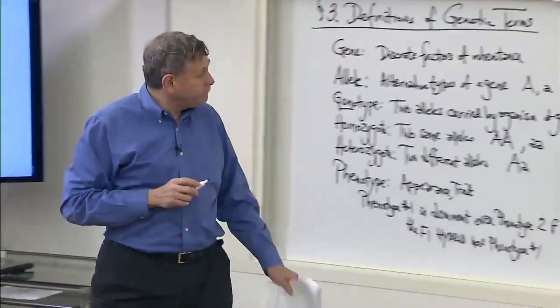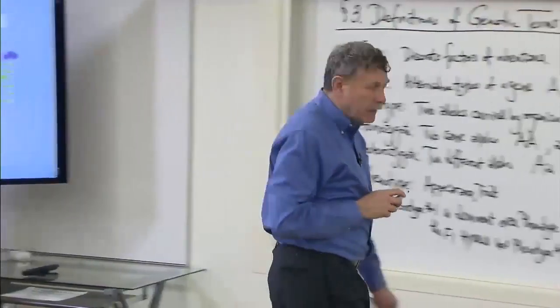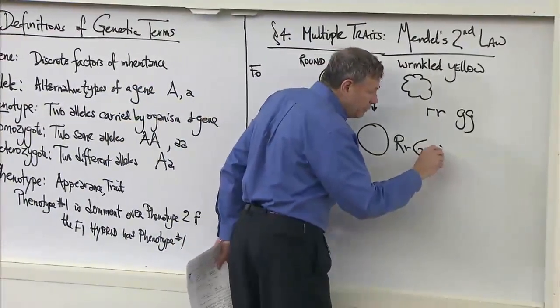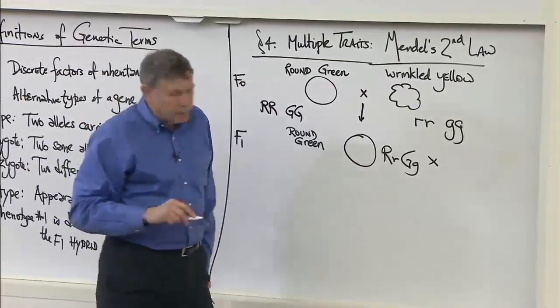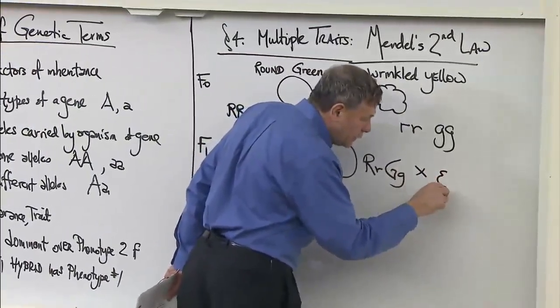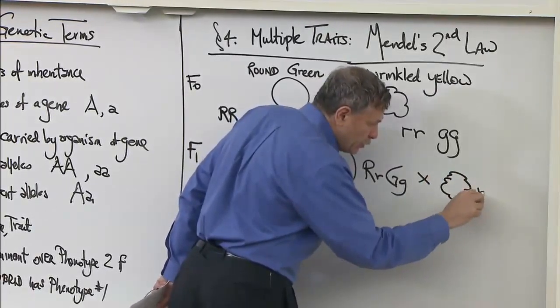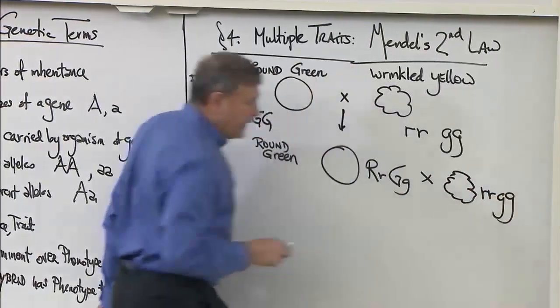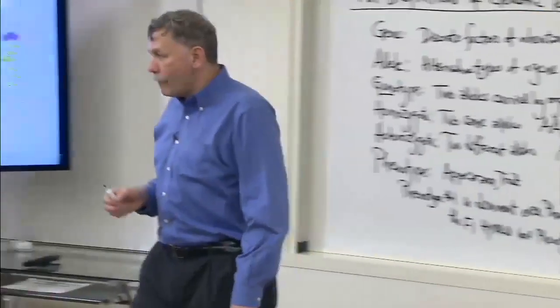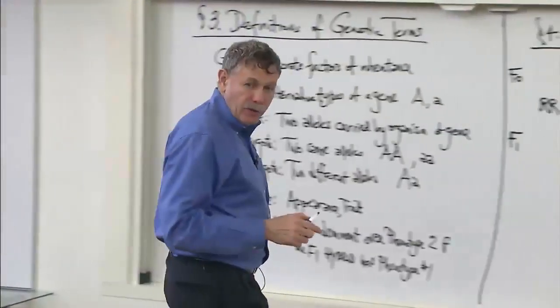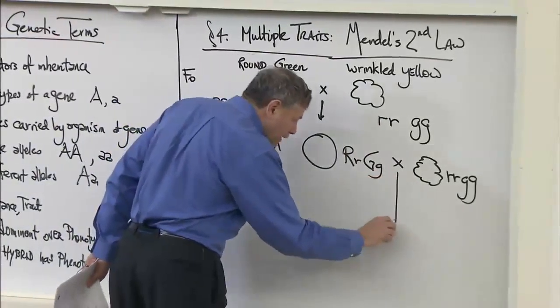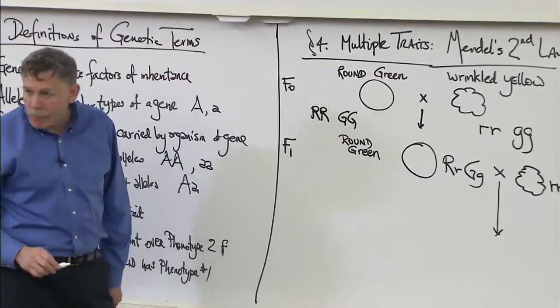All right. Now, to make our life easy, let's have Mendel cross this plant back to this wrinkled yellow parent. Little r, little r, little g, little g. And let's look at the possibilities here in the next generation.